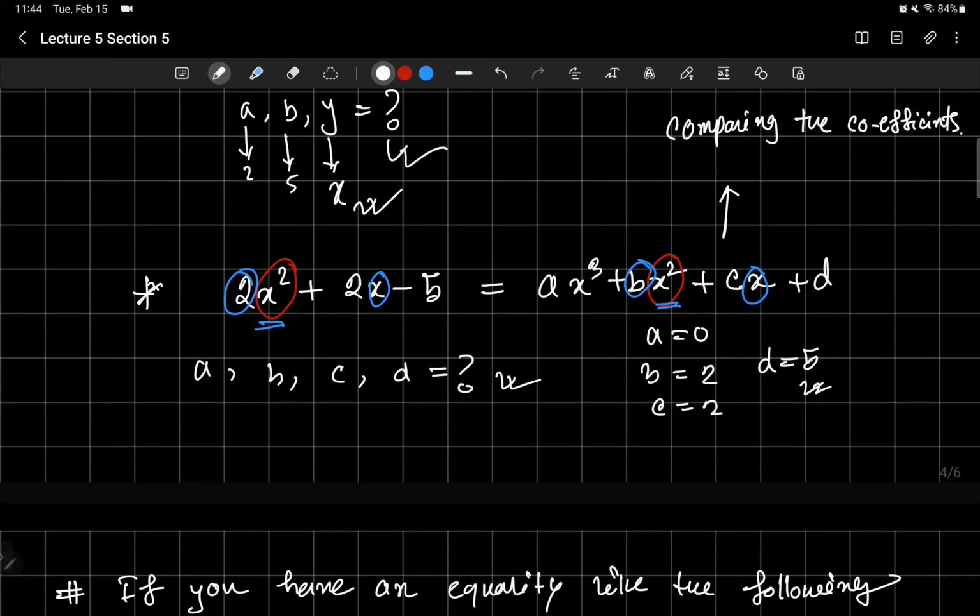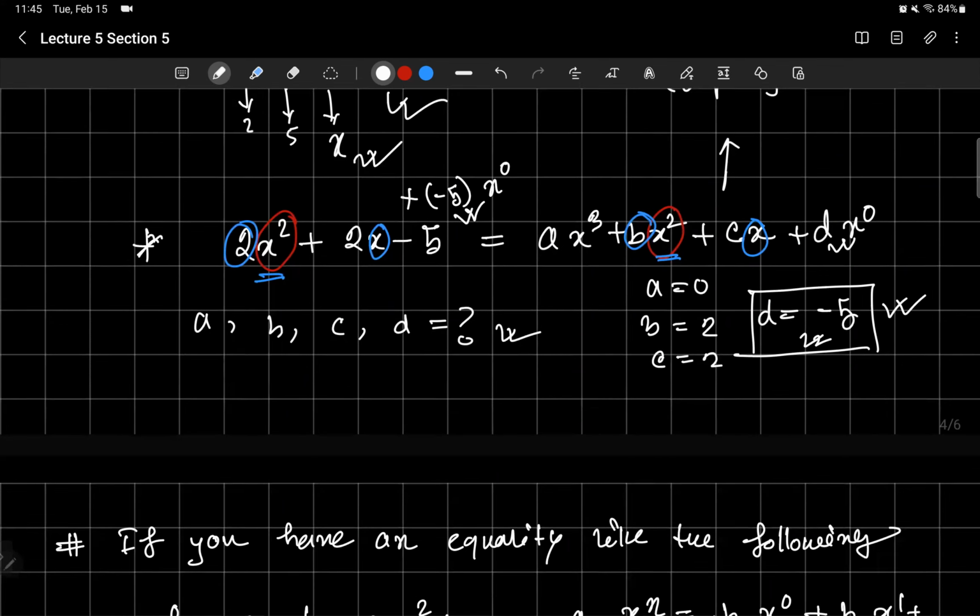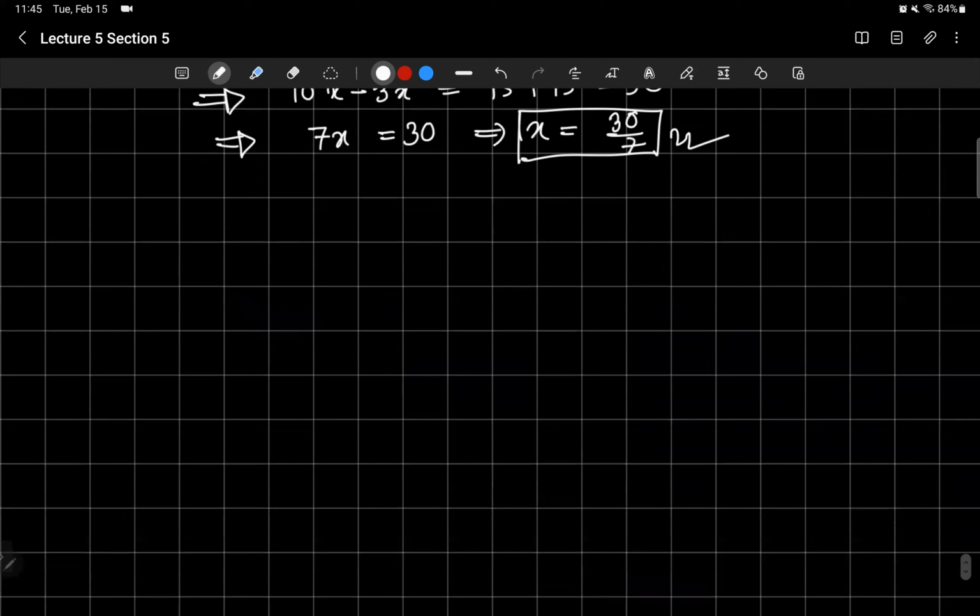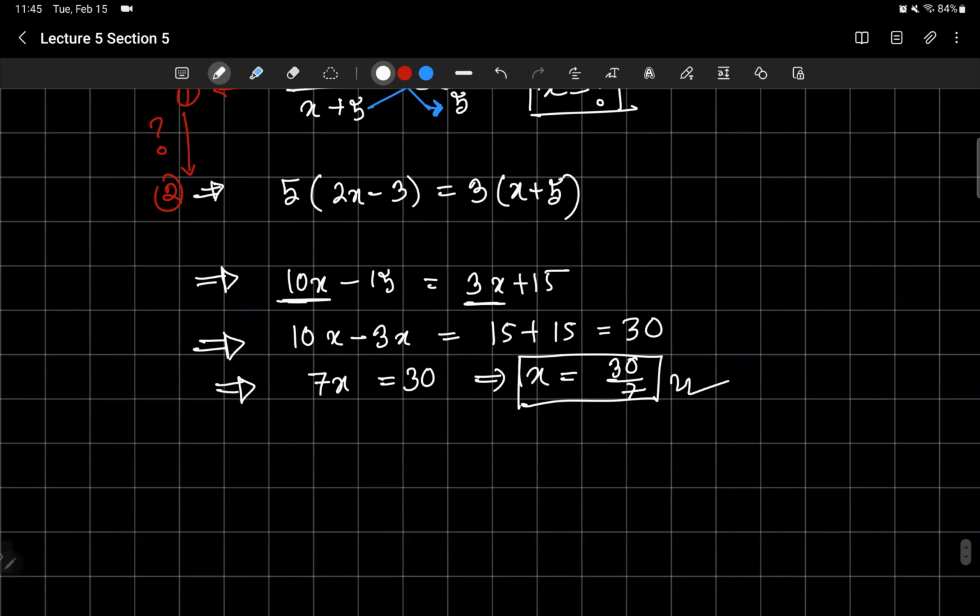Yeah, sorry. That was my question. Yes, okay, you are right. d should be minus 5 because here -5 can be written as plus -5. So if we match the coefficient of x to the power 0, then d equals -5. Yeah, you're right. Okay, any questions so far?